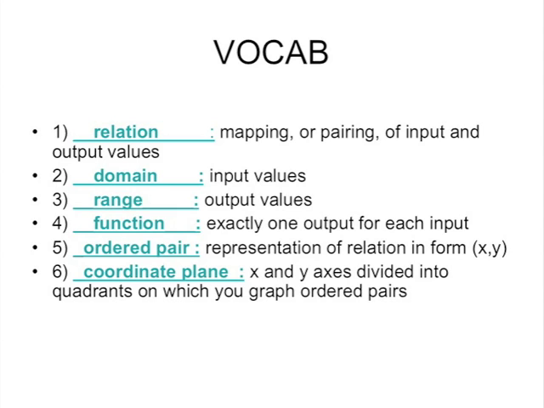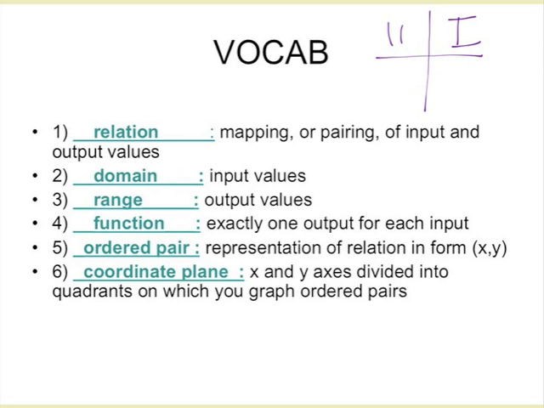It divides a graph into 4 quadrants. We start numbering them in the upper right-hand corner, and then we go around counterclockwise. So when we number out those quadrants in our coordinate plane, we see we have quadrant 1, 2, 3, and 4 in the lower right.